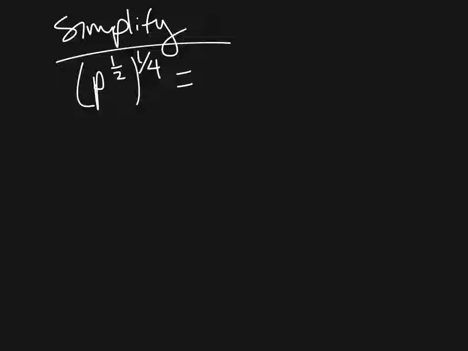So you really do need to eventually get to a point where you have these memorized. You could try to use an easier problem to remember your rule if you forget it, but you do need to get to a point where you realize a base raised to a power raised to another power ends up being those powers times each other. And remember, when you multiply fractions, you just multiply across, so it ends up being 1/8.